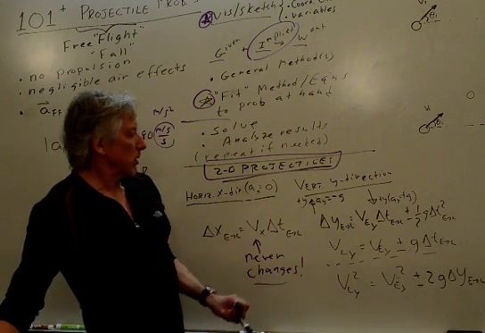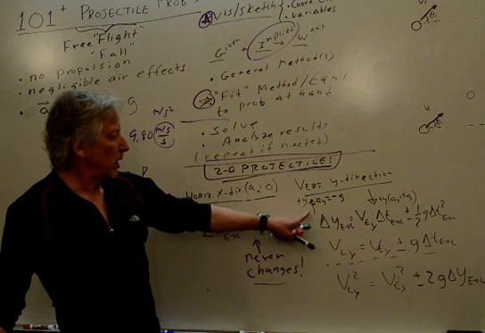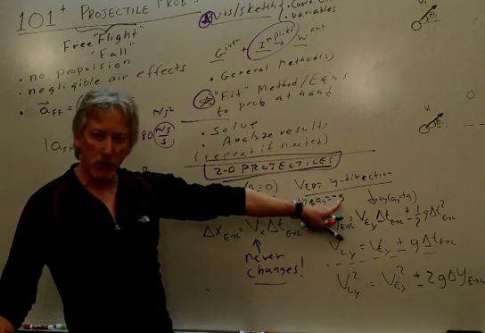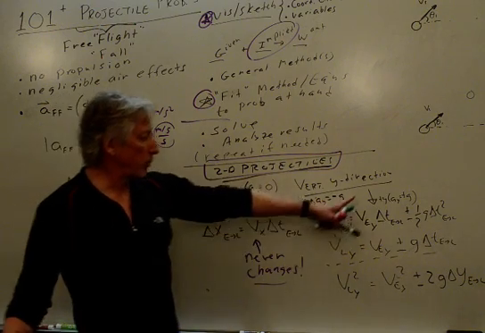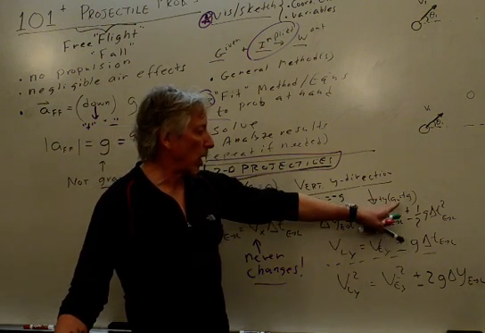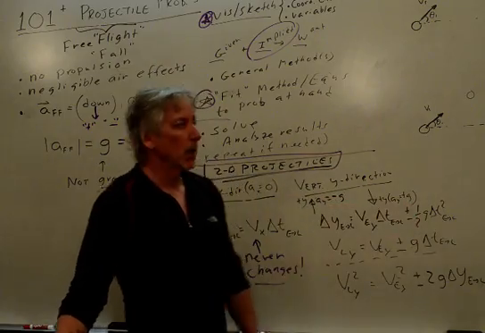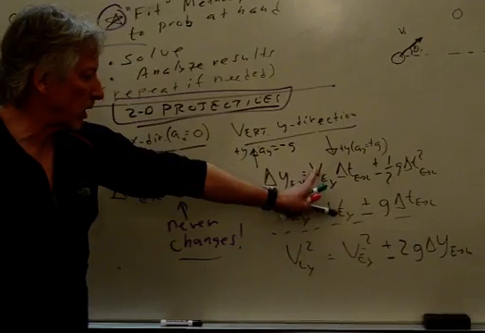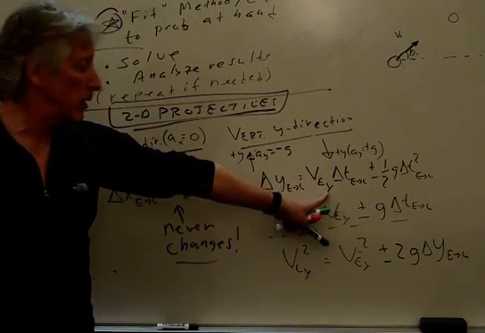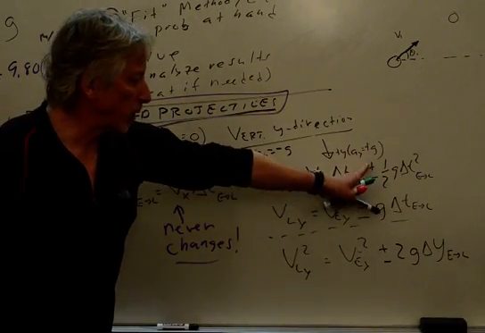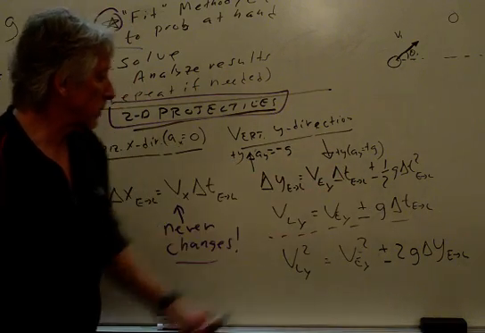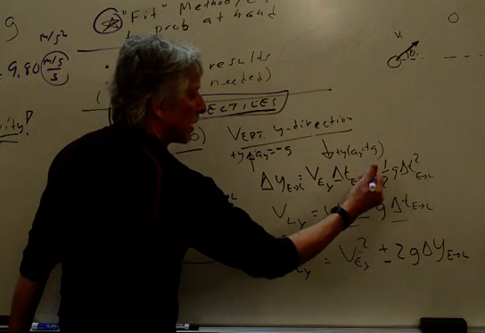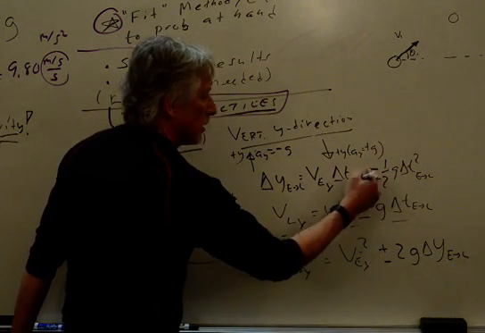In the y direction, we have our choice. If you call plus y up, then ay is negative g. If you call plus y down, then ay is positive g. And we'll talk about that in a minute. So then delta y earlier to later is the earlier y component, delta t plus, actually I should flip that. If I choose up positive, then let's be consistent there.